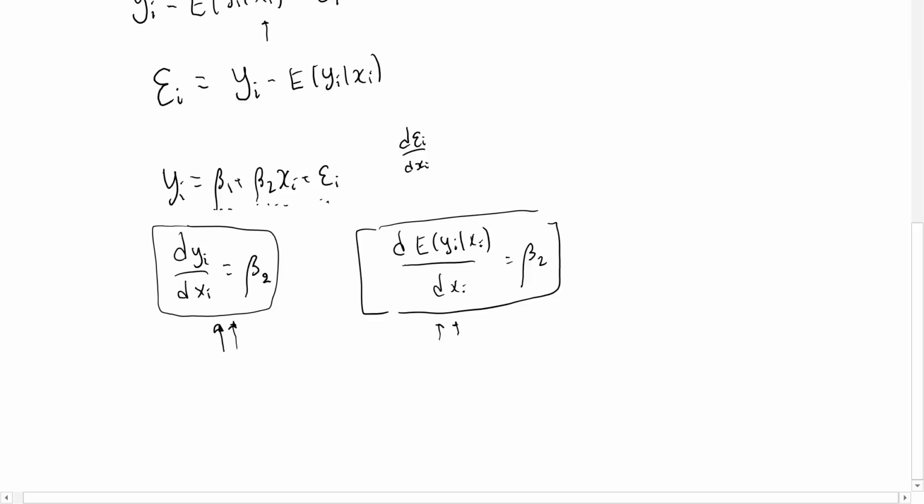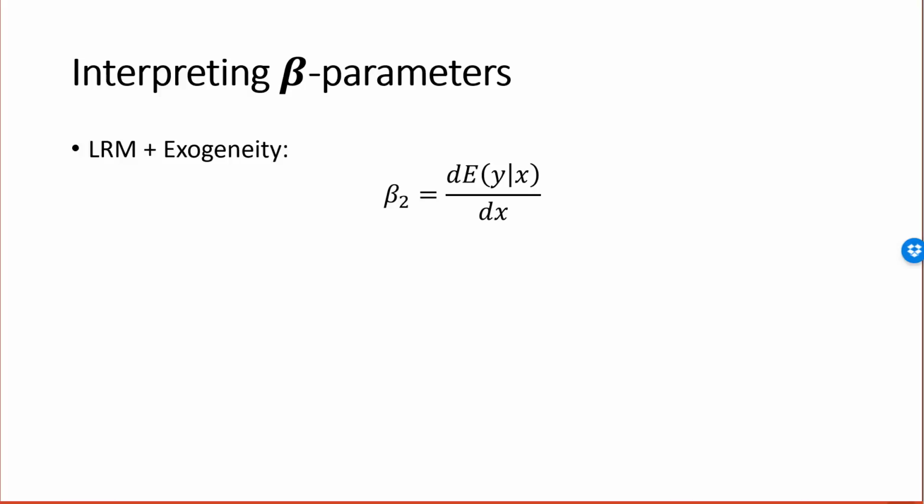It's the effect that xi has on the average value of yi, rather than the effect that xi has on the actual value of yi that beta 2 measures. So we'll avoid this notation completely, even though we can appreciate that perhaps for a beginner it might actually be a more useful formula.